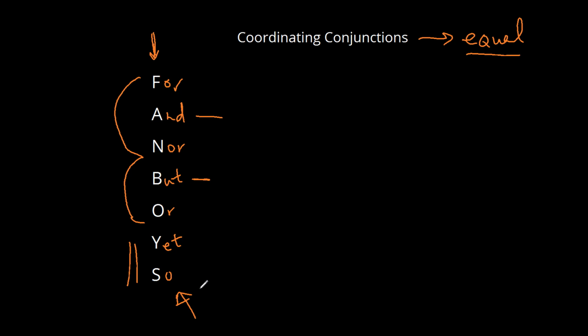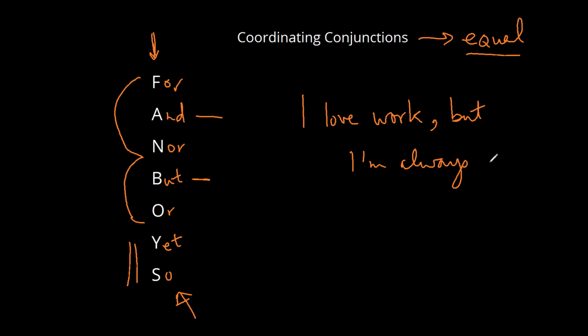If we were to put these in a sentence, let's just make up a sentence here. We could say something like, I love work, comma, but I'm always late, which would be terrible behavior.